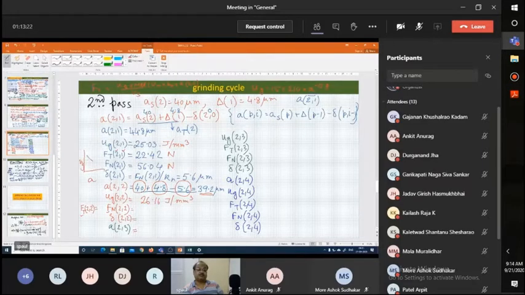Variation of UG with A is like this. Earlier my A was 44, so it was somewhere here. Now it is 39, so it is somewhere over here. So definitely as downfeed decreases, UG increases. This we have learned in the last class.